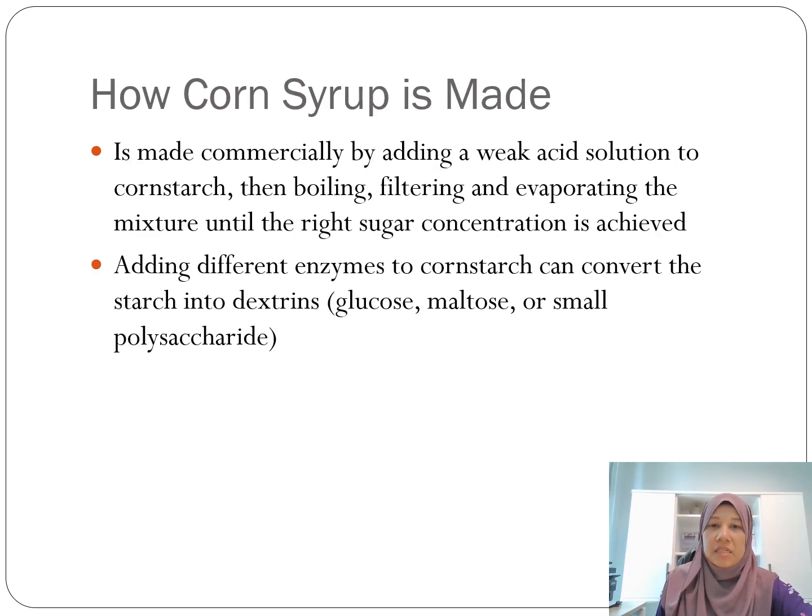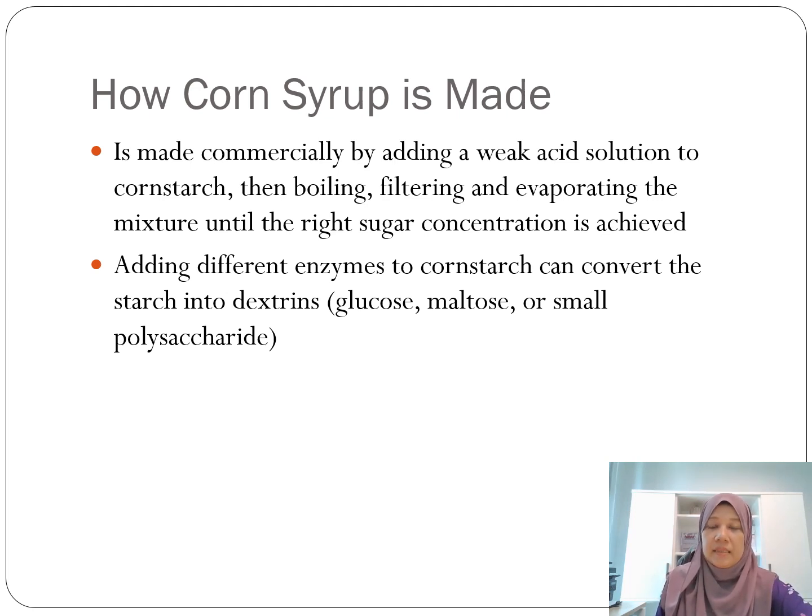And then how is corn syrup made? They add a weak acid solution to the cornstarch, and then they boil, filter, and evaporate the mixture until the concentration that they want to achieve. They also add the enzyme to the cornstarch, whereby the enzyme will convert the starch into dextrin.